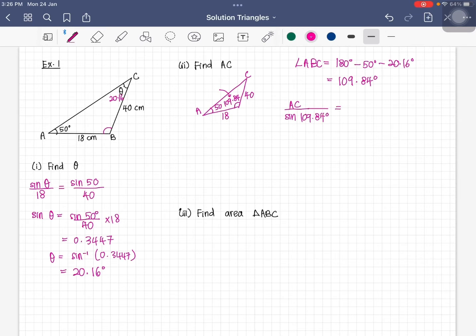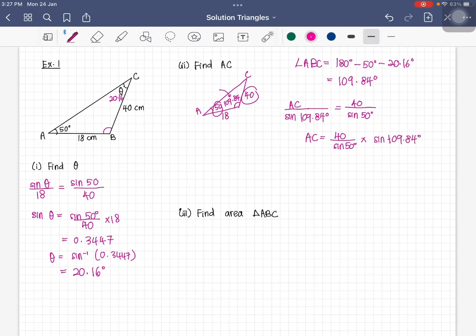This is equal to 40, and its opposite angle is 50, so sine of 50. To find AC, we directly get 40 divided by sine of 50 multiplied with sine of 109.84 degrees.